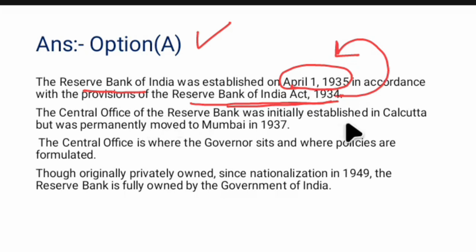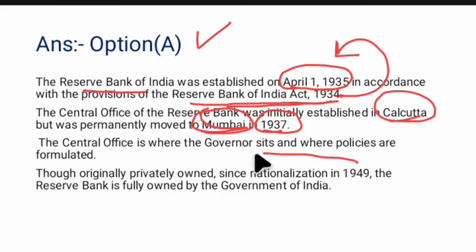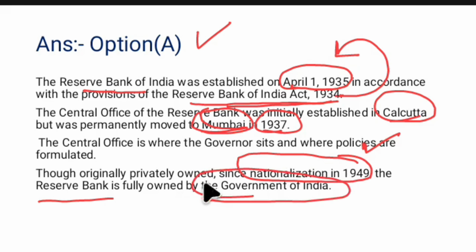At first, the headquarters of RBI was established in Calcutta, and later, in 1937, the headquarters was shifted to Mumbai. The nationalization of RBI happened in 1949. From then onwards, the Reserve Bank of India is fully owned by the government of India.